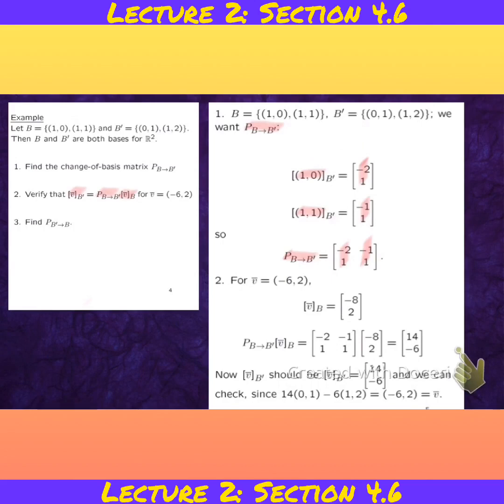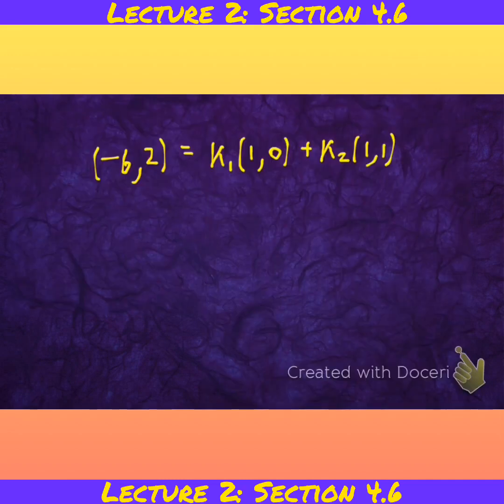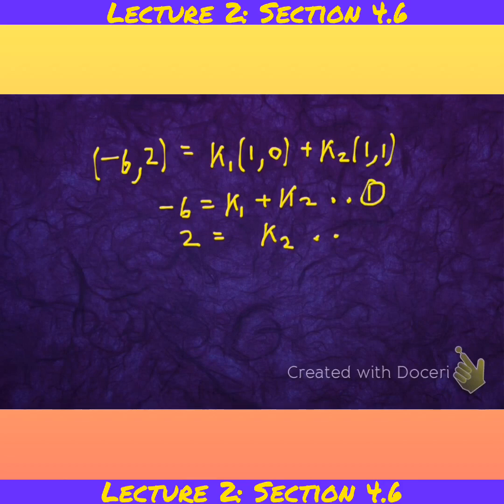Let's first determine the coordinate vector of v with respect to B. Right, so there you set up your linear equation, and from there you can find a system of linear equations, and it's two equations, right? There we've got our first equation, and there I've got my second equation, and that's linear, so let's solve it quickly. So you can solve k1 as -8 and k2 as 2.